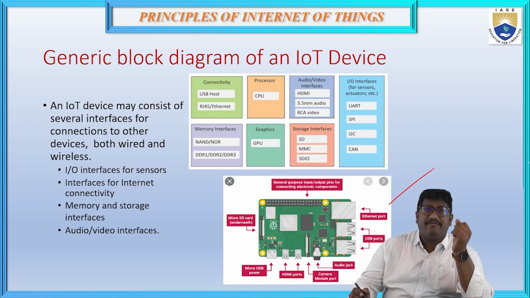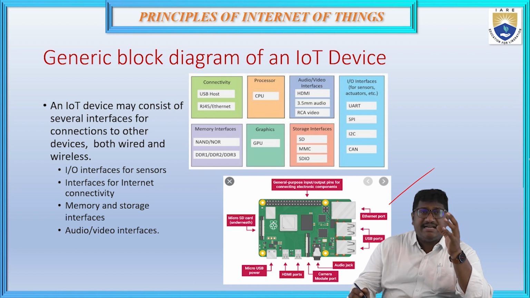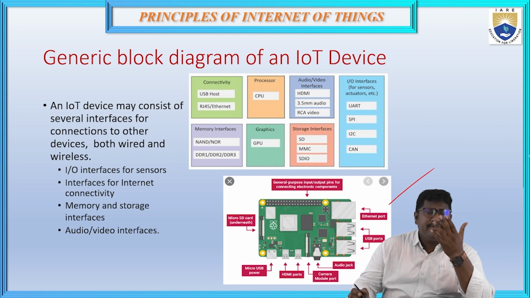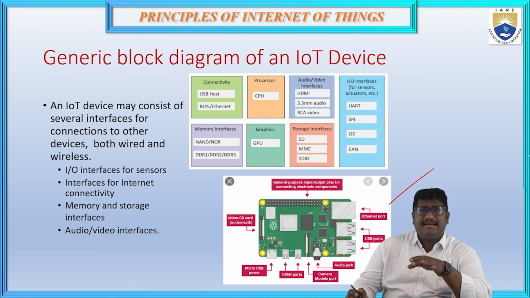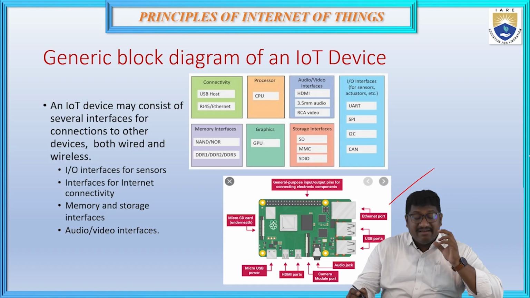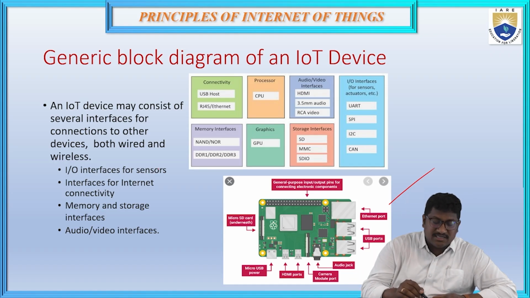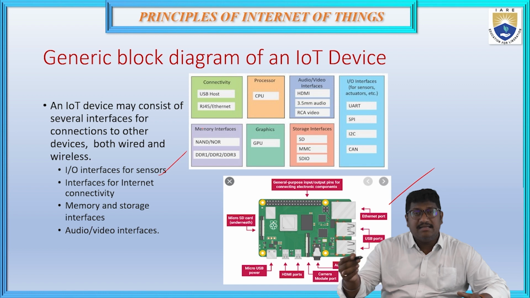See here, if you observe, every device should consist of several interfaces as well as several connections, which are wired. It doesn't matter; IoT can use both wireless as well as wired connections. So we need multiple interfaces in our IoT device. Every IoT system should consist of I/O interfaces for sensors.